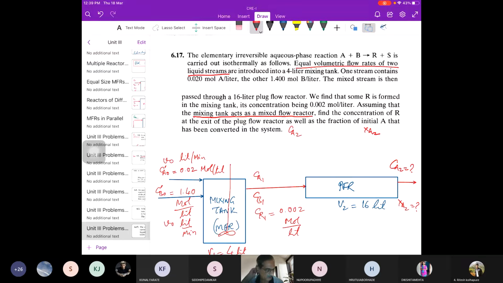Doesn't matter, उसने CR1 दिया है. ठीक है सर. He's not talking about CS1. Doesn't matter. जितना CR रहेगा उतना CS रहेगा. Reaction says that, right? जितना R form होगा उतना S form होगा. So you know how much S is formed, but it is not important.